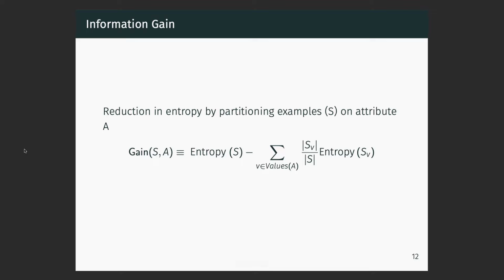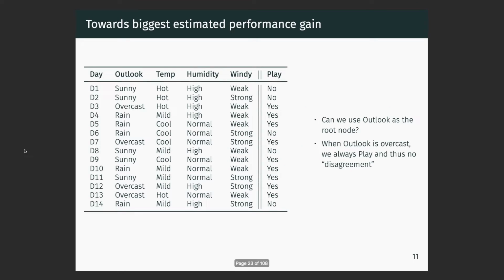When you're trying to calculate the gain, you first need to calculate the entropy before you split and after you split. For example, outlook equal to overcast, outlook equal to sunny, and outlook equal to rain. You'll have 3 different subsets. You can calculate the entropy of each of these, but each of them has a different number of examples, so we need to weigh them in proportion to the number of examples.